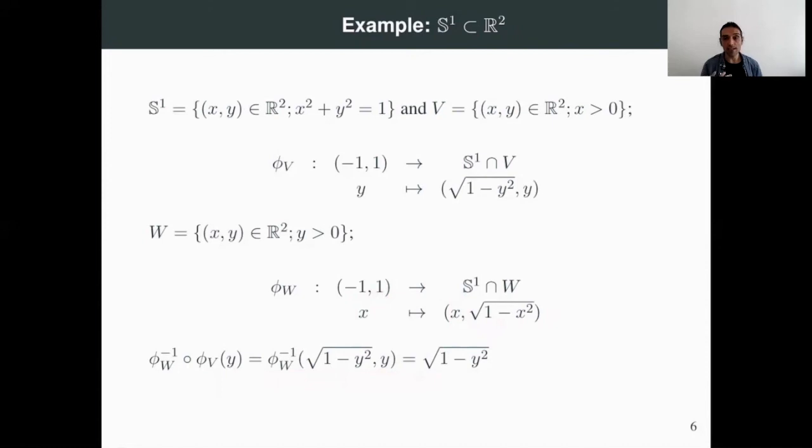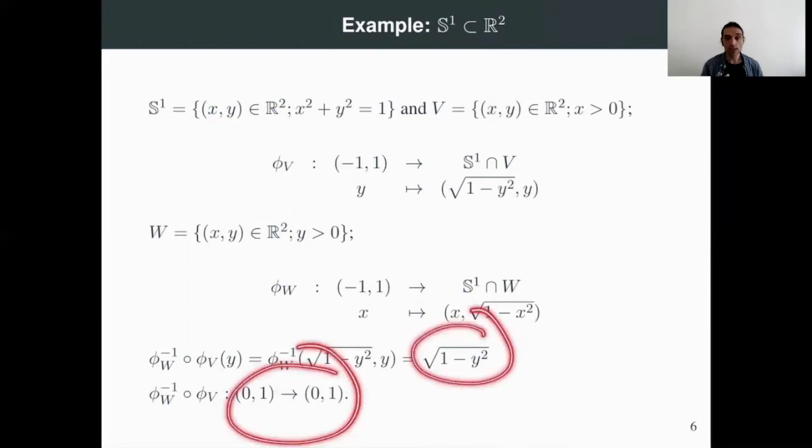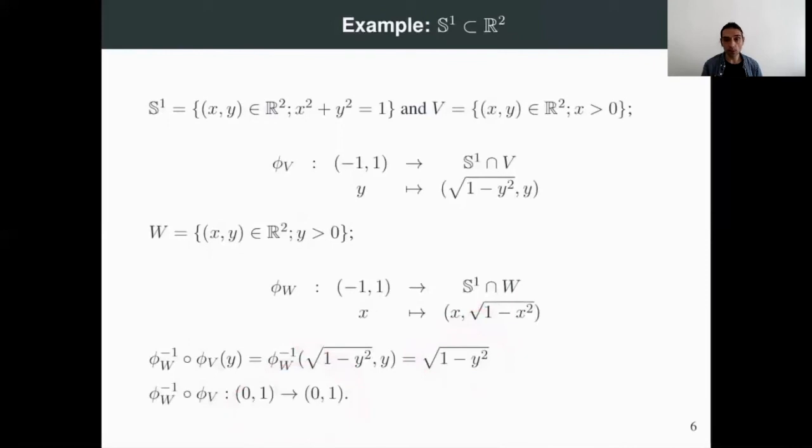And where is that map defined? It's defined in the interval (0, 1). You can check that out. Because of that, this map defines a diffeomorphism between the open interval (0, 1) and itself.